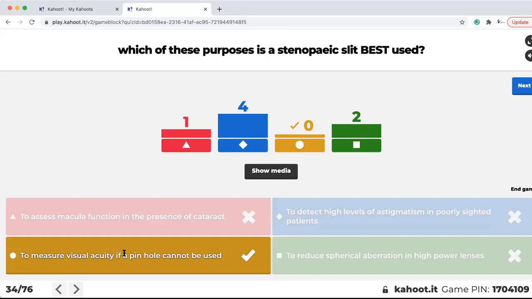And we can know by it the potential visual acuity of this patient. So just think of the stenopic slit as like a pinhole. If we say that it is a pinhole, you will find simply that C is the right answer, as we use the pinhole to know the potential visual acuity of a patient.